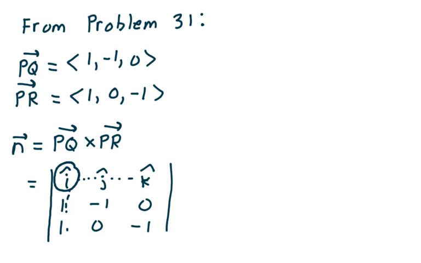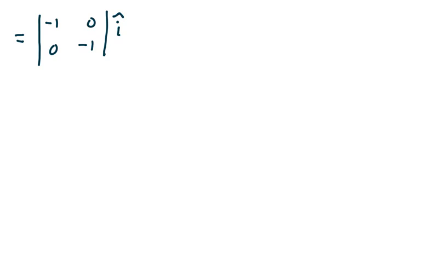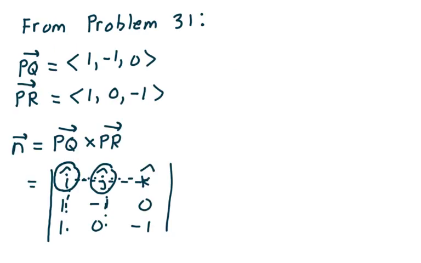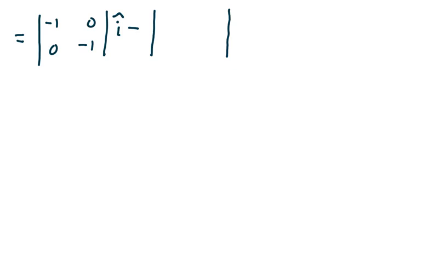When I go to the J, I'm going to eliminate the row and the column that contains the J and take the determinant of what's left. And we're going to change signs. So we're going to go minus the determinant of, and then from here, I write 1, 0, 1, negative 1. And multiply that result by J. Then I'm going to go plus.